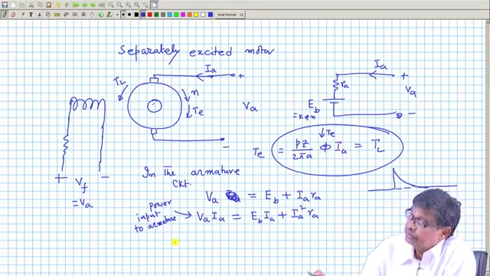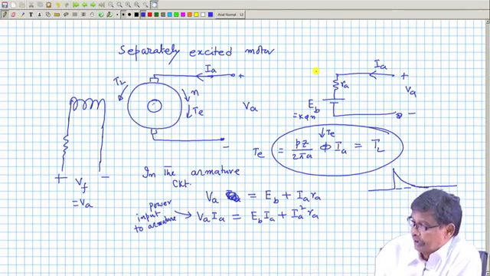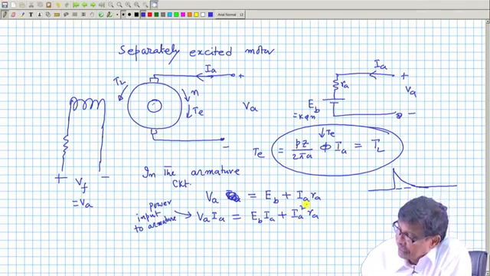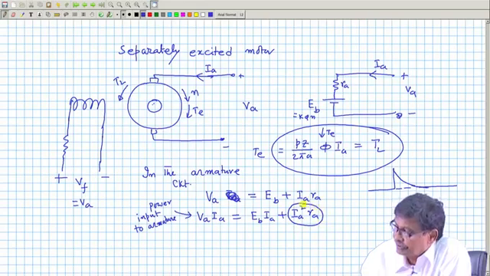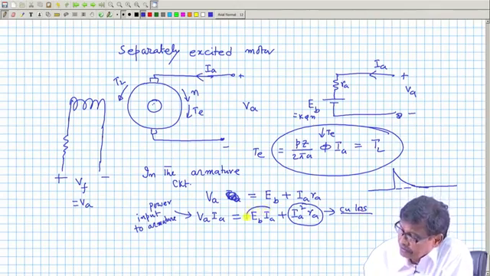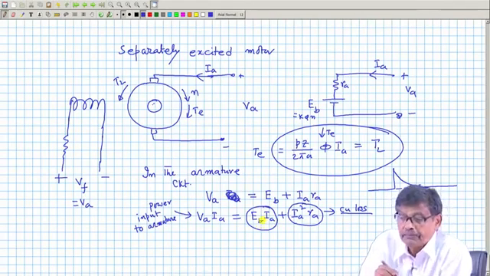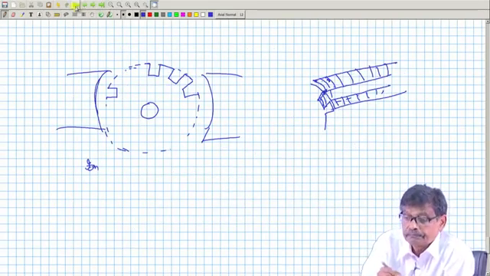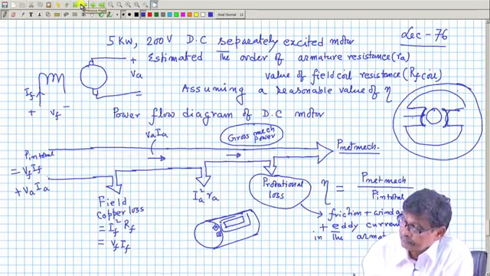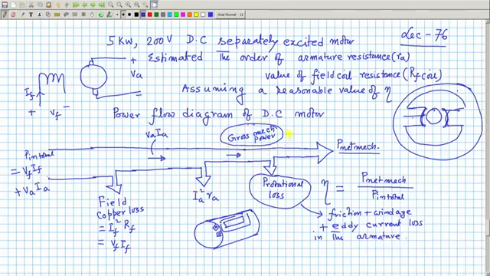It tells you that the total power input to the armature is drawn, a portion is lost as copper loss, and the rest must be equal to the gross mechanical power developed.